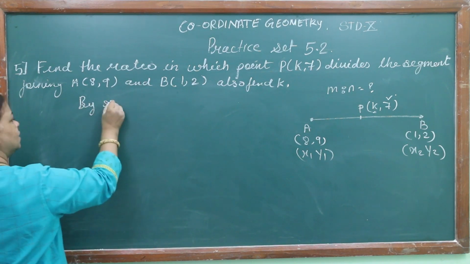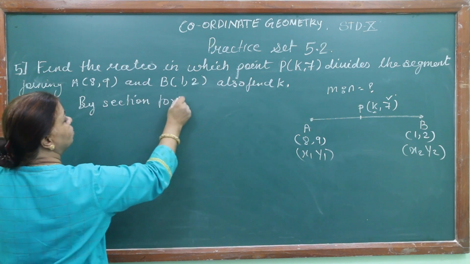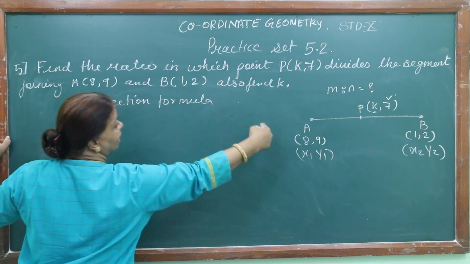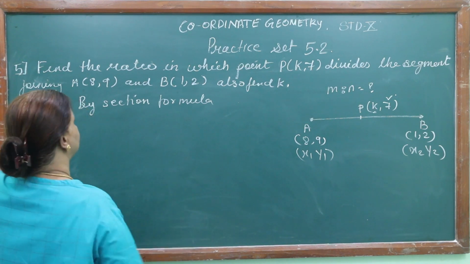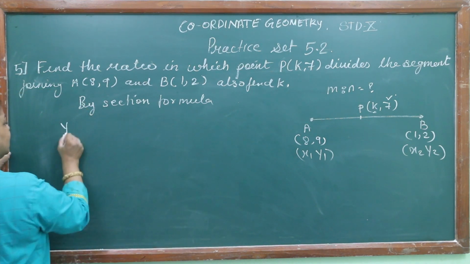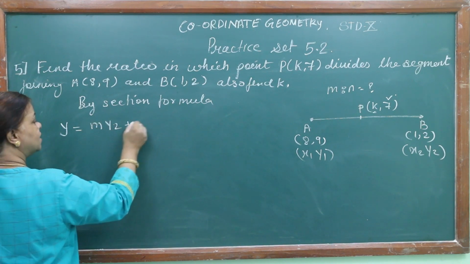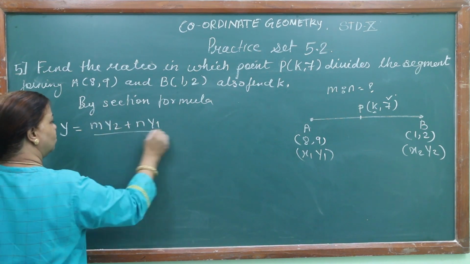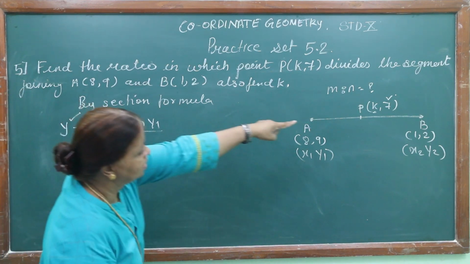Now you will say, why are we using the section formula here? Because our point P is dividing the line AB in a ratio, and therefore we are using the section formula. So y is equal to m y2 plus n y1 upon m plus n. Now y is given, that is 7.